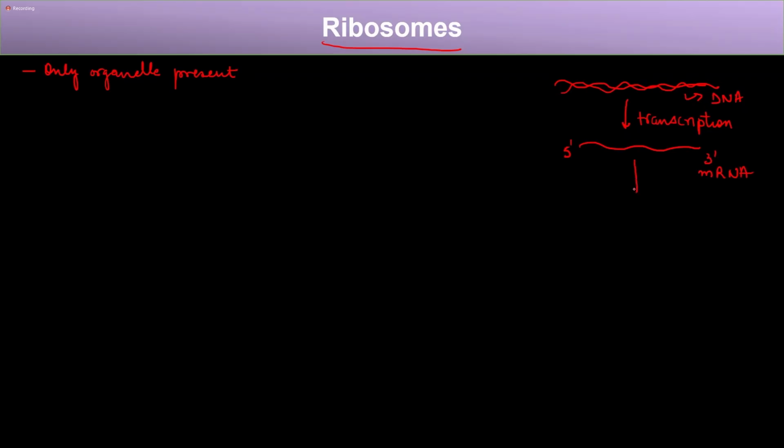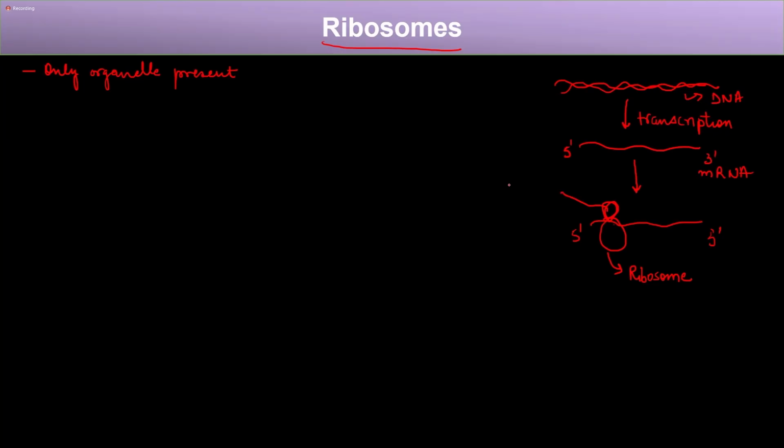Now, this mRNA is further converted into protein, the proteins that we know. For that purpose, a special structure, something like this, comes and binds to the mRNA. This structure is called a ribosome.